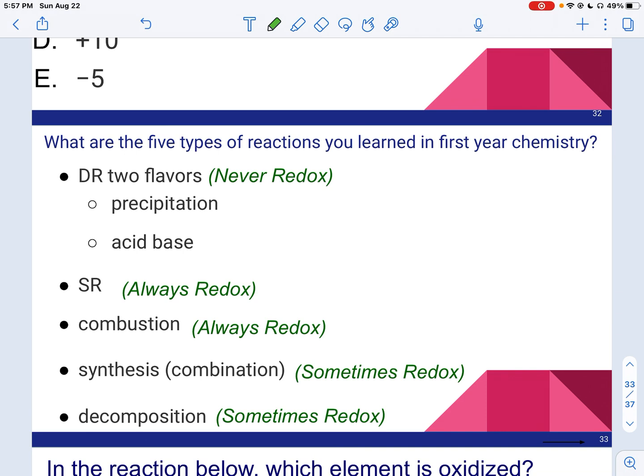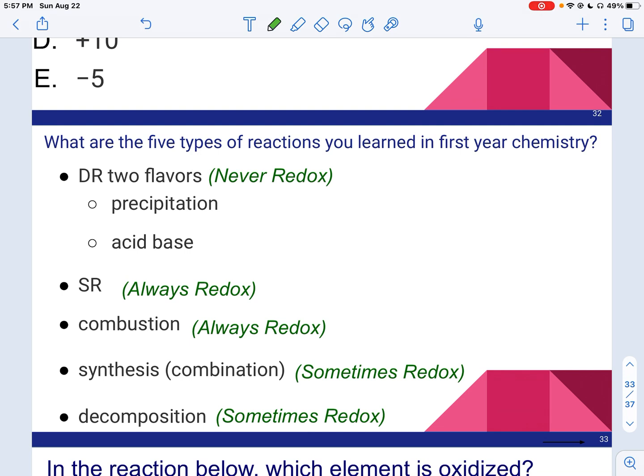The 5 types of reactions, this is the same slide that I had before, except I took away the examples and added stuff about redox, because we care a lot about redox in chemistry. So double replacement is never redox. So if you ever see a double replacement reaction, you don't have to even figure out the oxidation numbers. It's never redox.